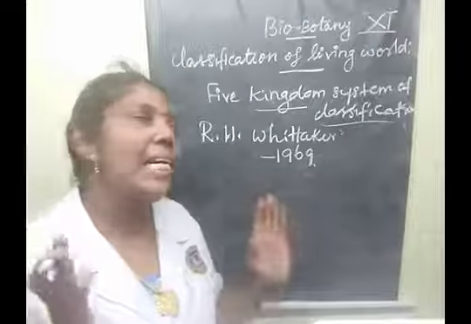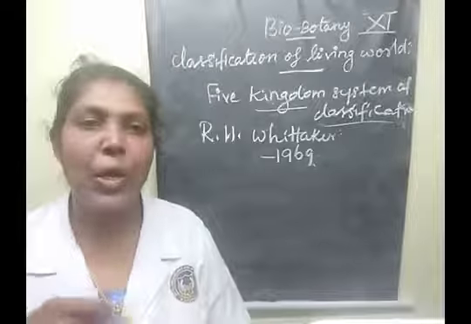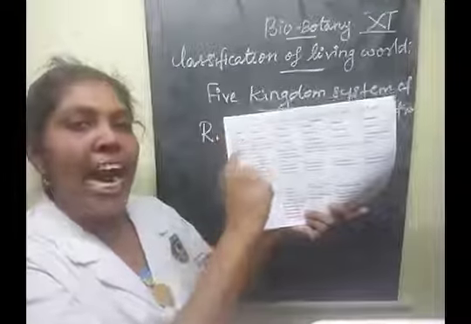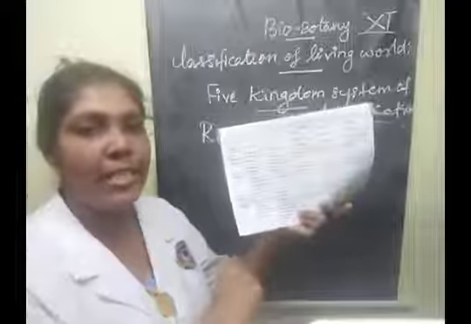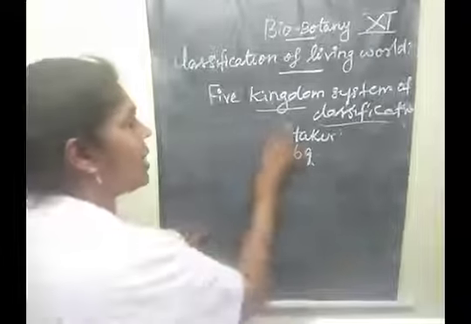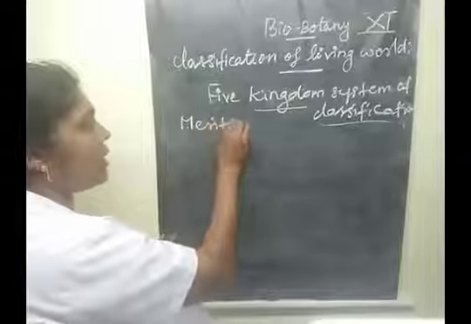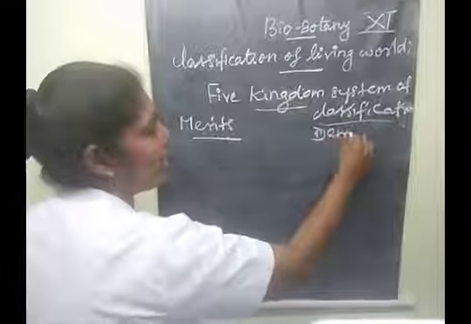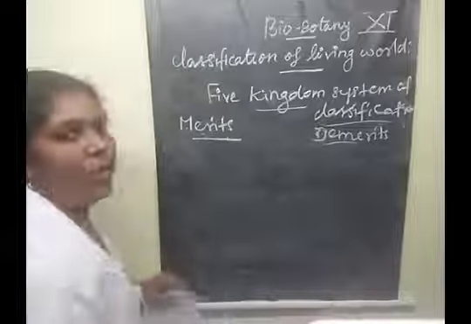First one, in this system, they classified organisms based on cell structure and thallus organization. This is one of the merits of this classification. Understood, children? What are the merits and demerits of this system?